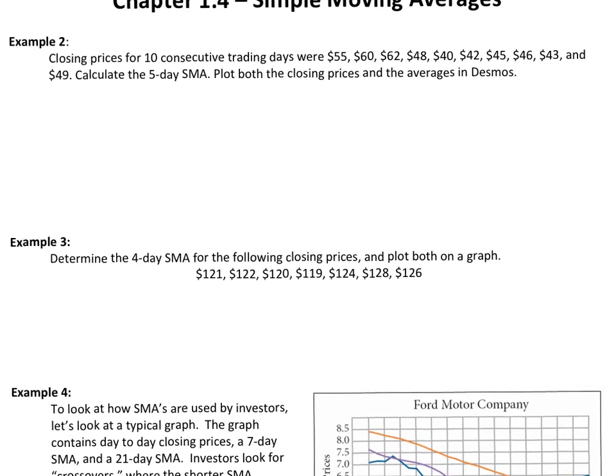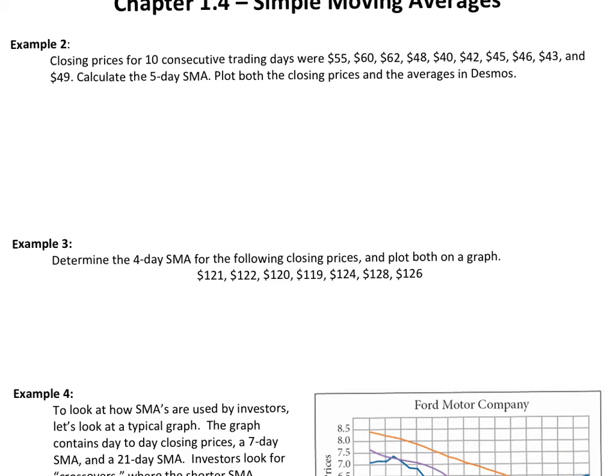So it says, here are the closing prices for 10 consecutive trading days: 55, 60, 62, 48, 40, 42, 45, 46, 43, and 49. Calculate the 5-day simple moving average, and plot both the closing prices and the averages in Desmos. Now, I'm not going to be able to do the whole Desmos thing on here.